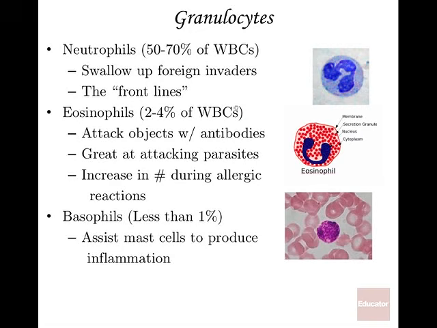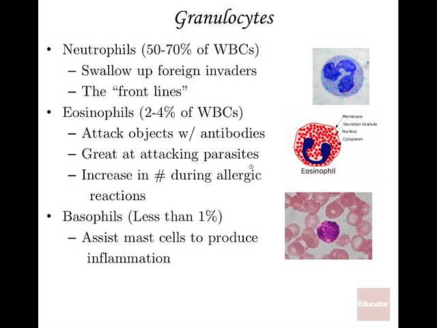Eosinophils, a lot less, 2 to 4% of white blood cells. They attack objects with antibodies. So if antibodies, these globular proteins, have attached to a certain bacterium, eosinophils notice it has antibodies on it as a marker, and they go and eat it up. They're great at attacking parasites.